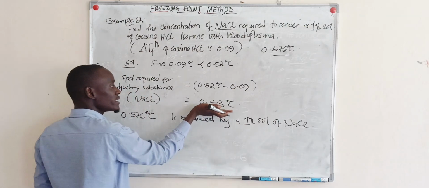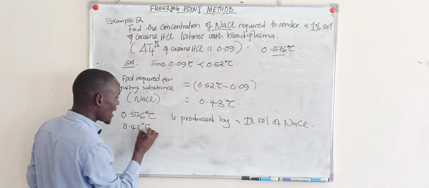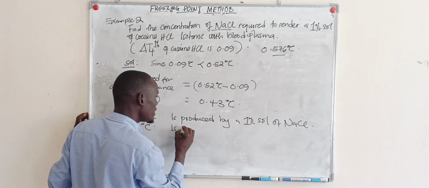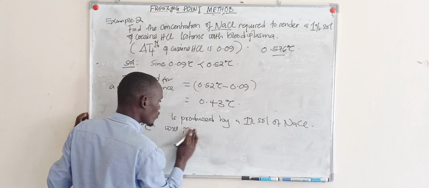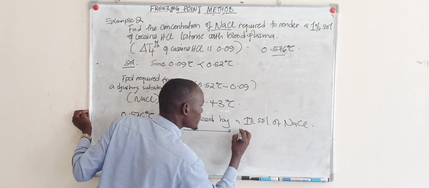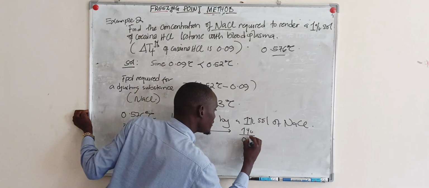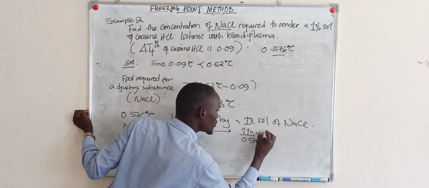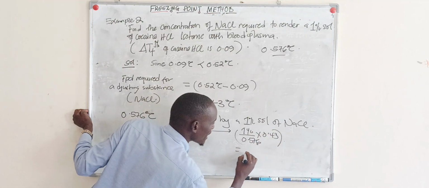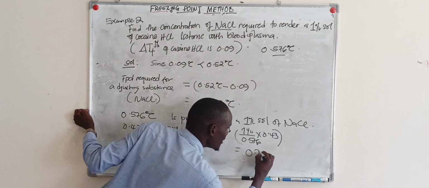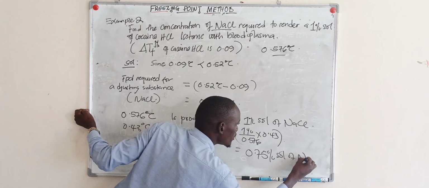How about our remainder, which is necessary for the adjusting substance? The freezing point depression will be produced by 1% divided by 0.576 times 0.43. When you compute this, we shall get 0.75% solution of sodium chloride.